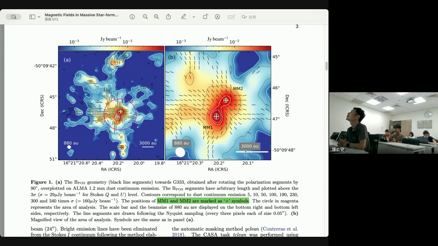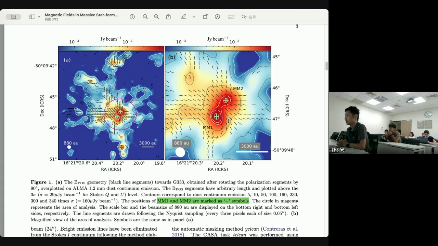And this color map is ALMA 1.2 millimeter dust continuum emission. Positions of MM1 and MM2, these two protostars, are marked as plus symbols. Okay, maybe not protostars yet, but dense cores.